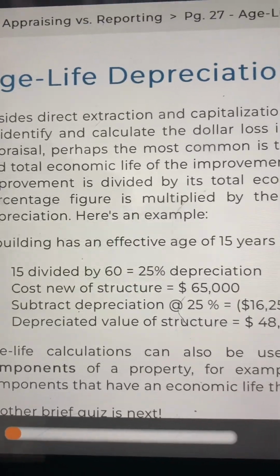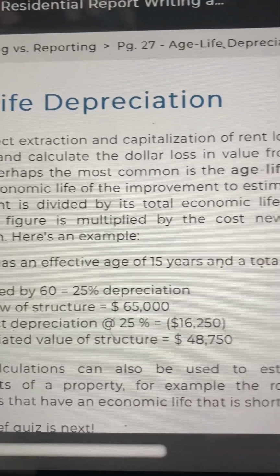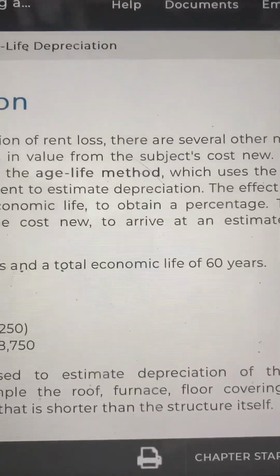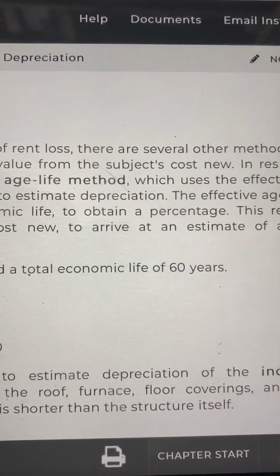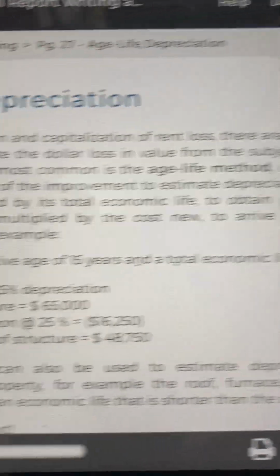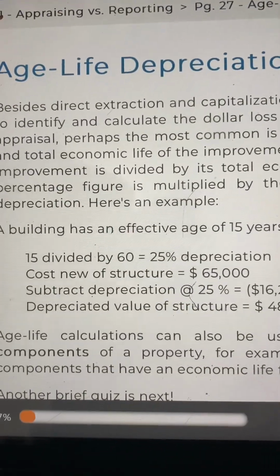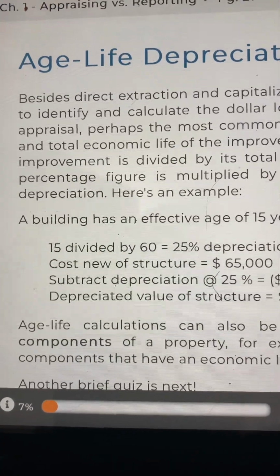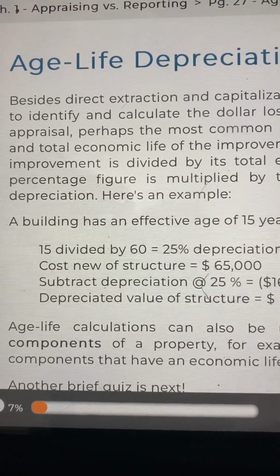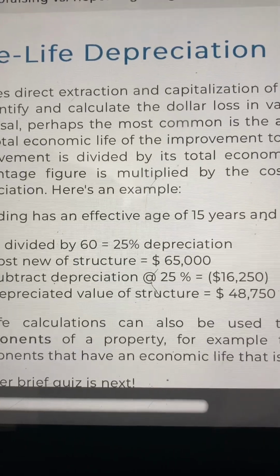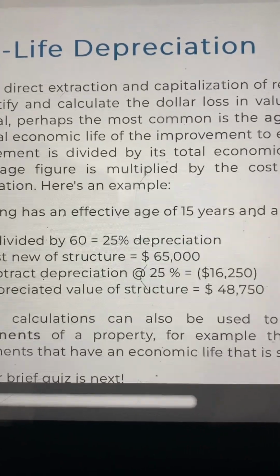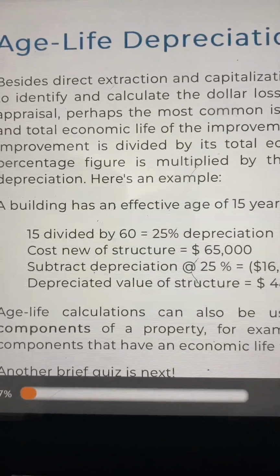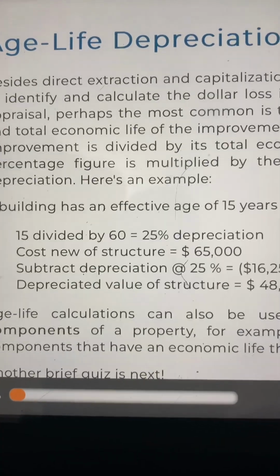A building has an effective age of 15 years and a total economic life of 60 years. Here's the formula. 15 divided by 60 equals 25% depreciation.